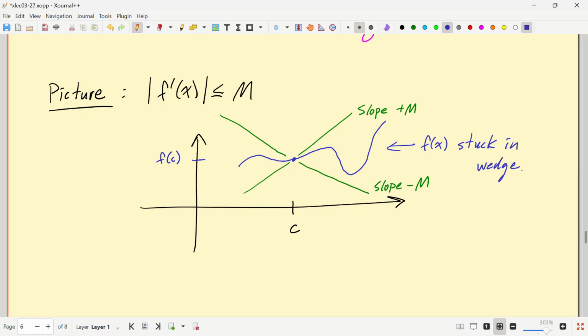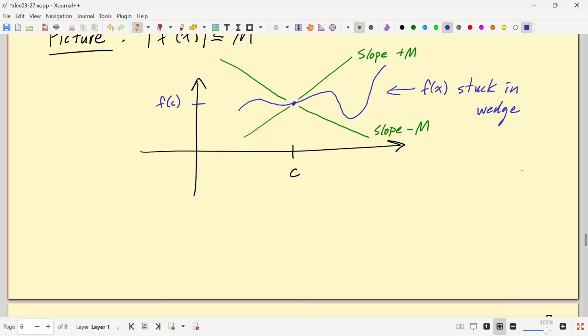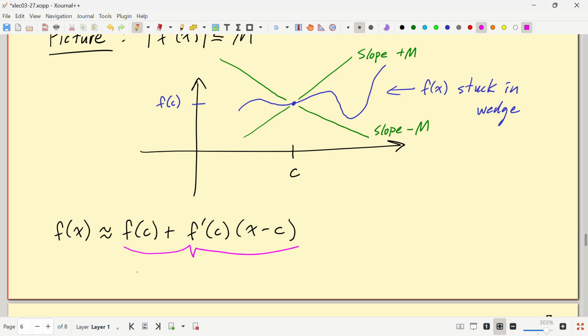Another way to use the mean value theorem is to see how closely the linear approximation works. So f of x is approximately equal to f of c plus f prime of c times x minus c. That's the best linear approximation to f near c.